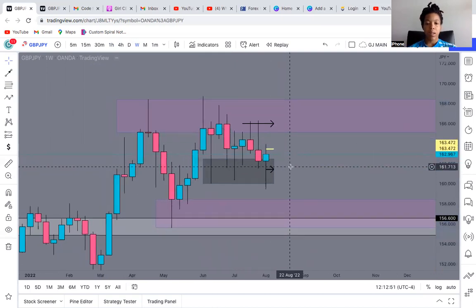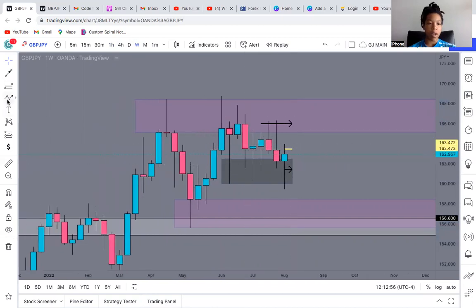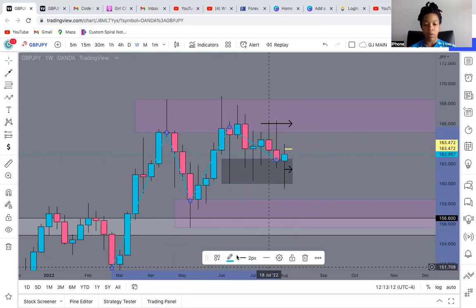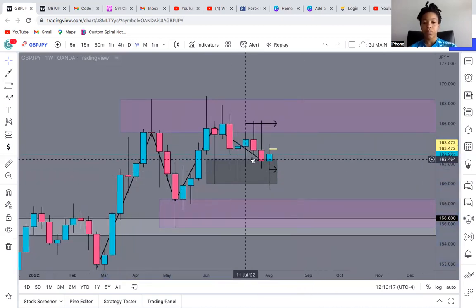Okay, looking at this on our weekly chart, we do see again, as I was saying, this price is in an uptrend: low, high, higher low, higher high. Being that this price is overall in an uptrend, all I would consider these doji candles and this moving down to be is price looking to create some sort of higher low.